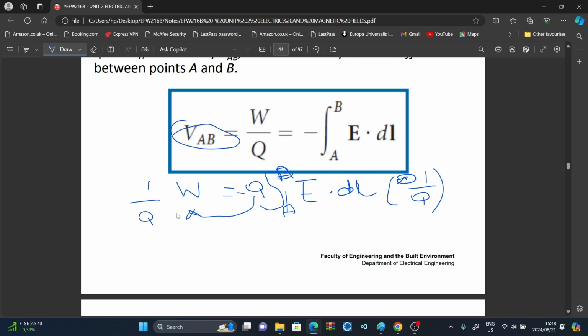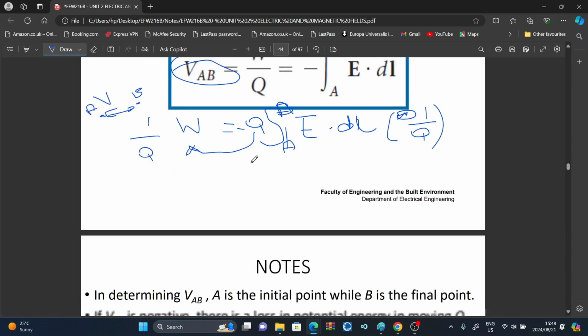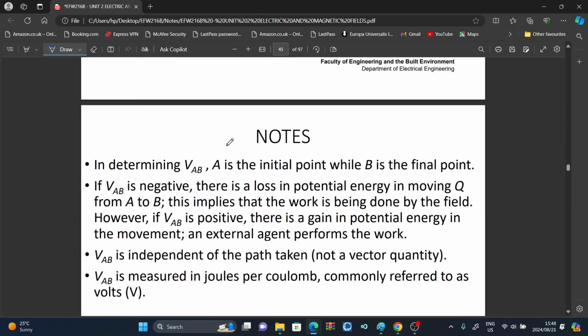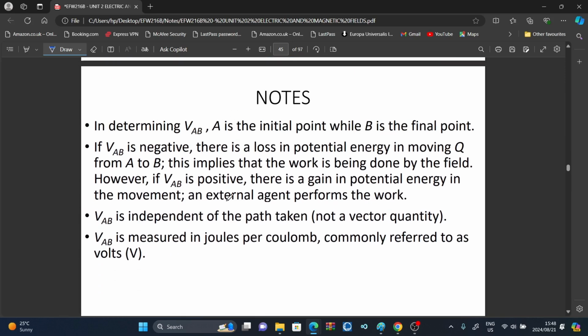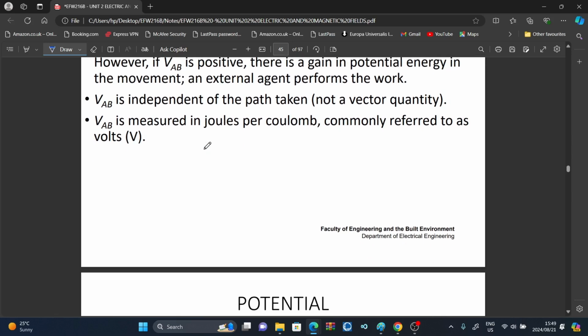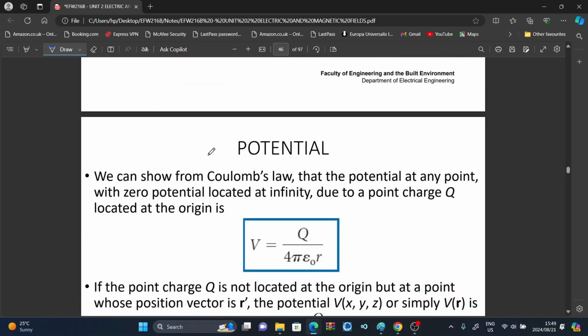That's what they say: the voltage between the 2 points, A and B. That's more or less that. You can also read through what is to note and how to determine your values at A and B. But then let's continue.